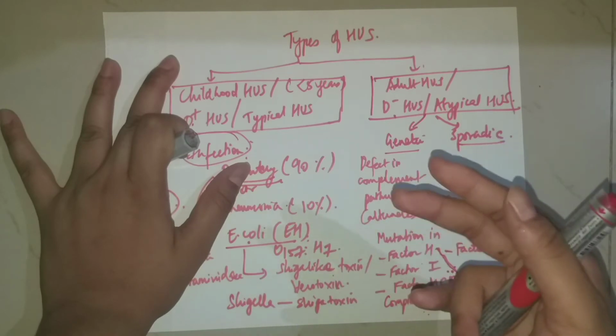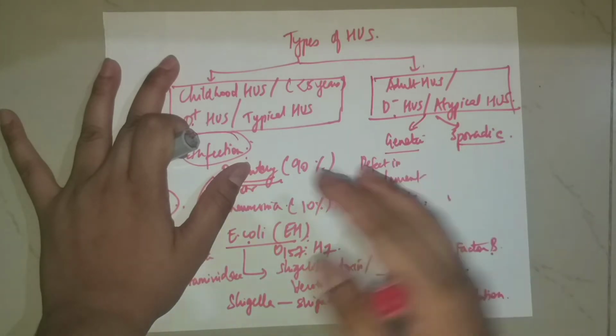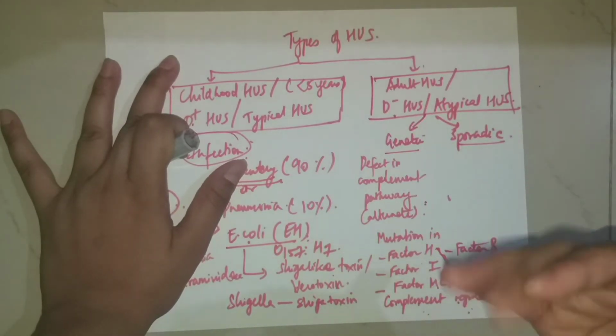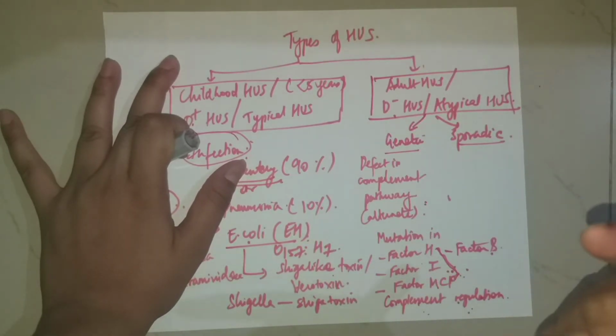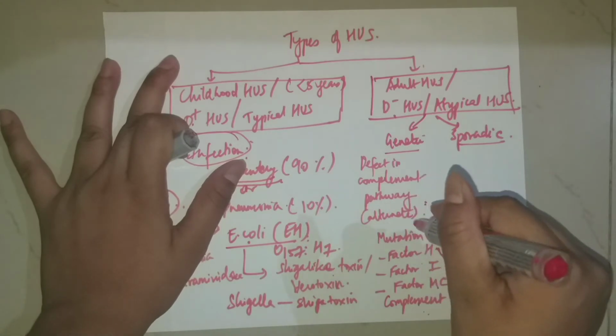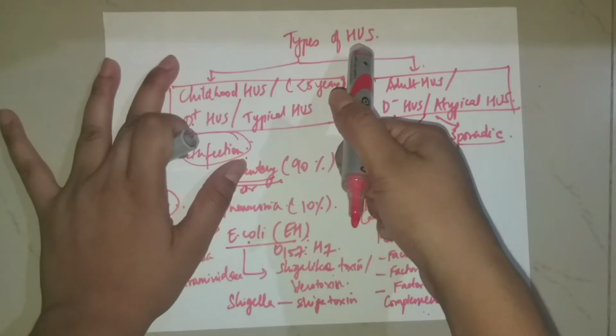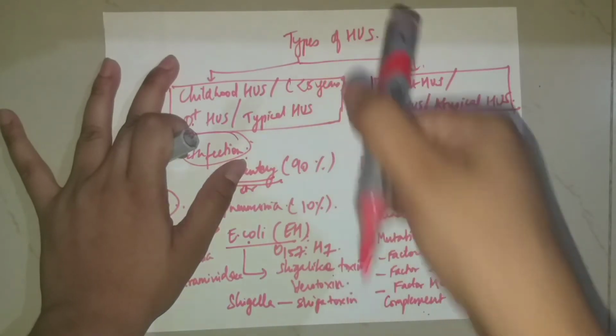Now inflammation is supposed to be a good thing because it leads the way for tissue healing. But as you know, inflammation in excess is dangerous. So this is what is happening in HUS. Complement pathway getting overactivated is one of the reasons why HUS is happening.